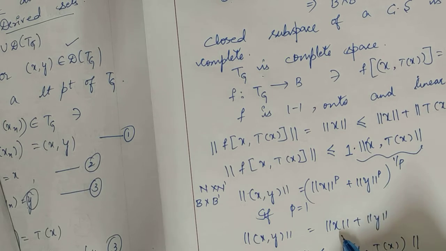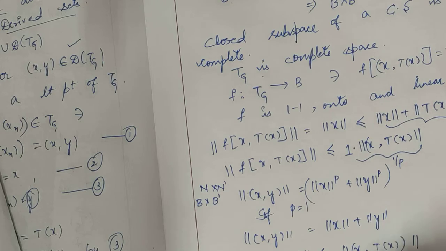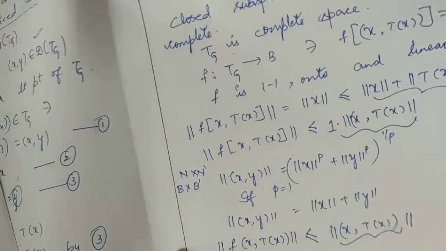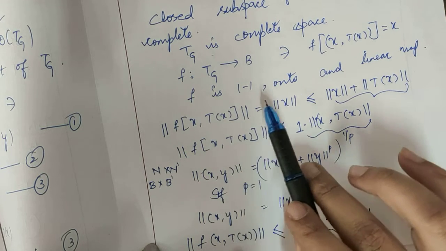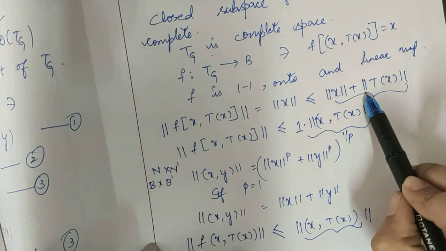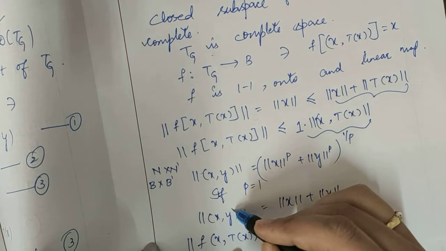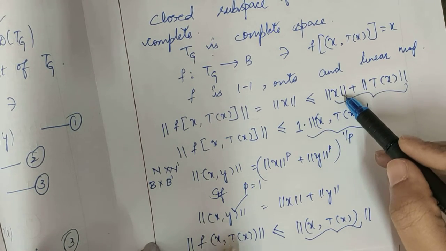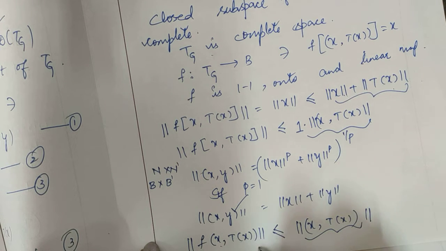You can observe here, for this we are substituting this. So if norm f of x comma t of x is less than or equal to norm x plus norm t of x, you can write this in this form. Here in the place of norm x and t of x, we have f of x and t of x.